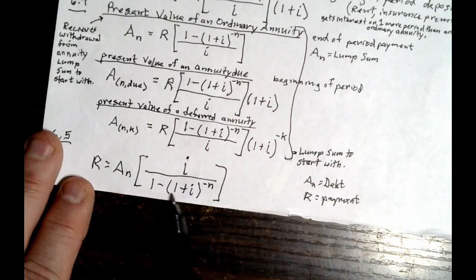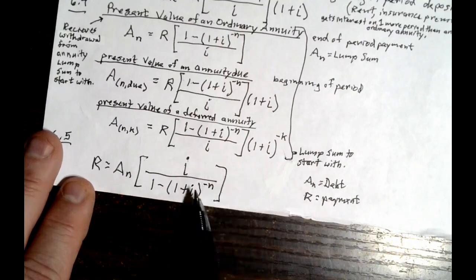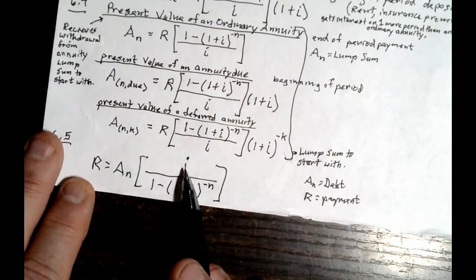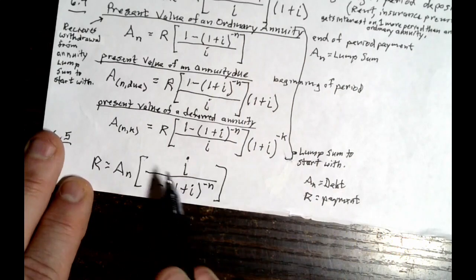And then they'll get what they think they got, and then they divide it by that, and that's all backwards. You have to calculate what this guy is, and then I recommend you write that number down. And then you take this over this minus that, or just do it in 2 steps. This minus your number, and then whatever I is divided by that number. And then finally times A, and that gets you your R.